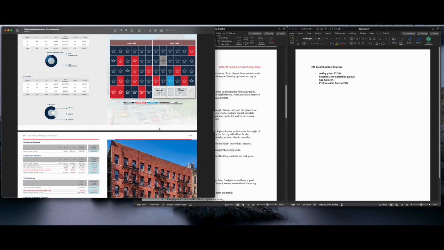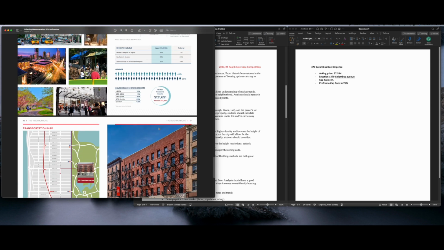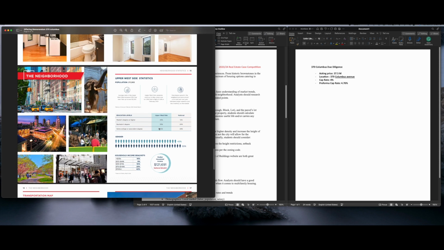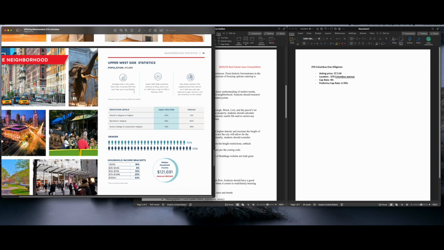If you scroll down, usually at the end, right here, are statistics on the Upper West Side. Average rents increased in the Upper West Side. These are 2022 market reports, but it's pretty much the same. It doesn't change that much year over year.